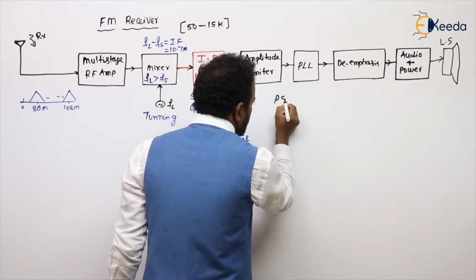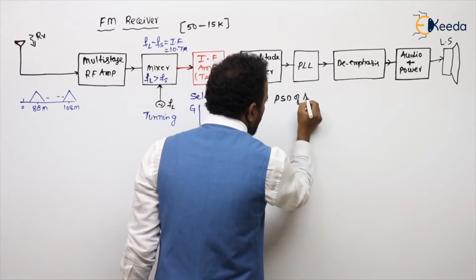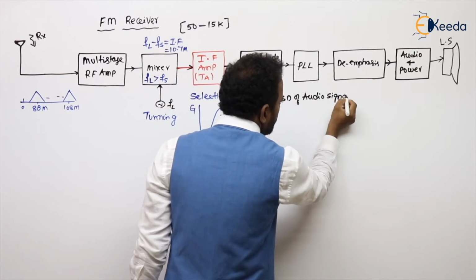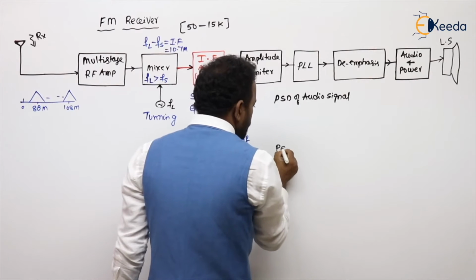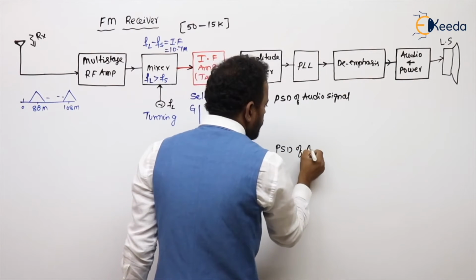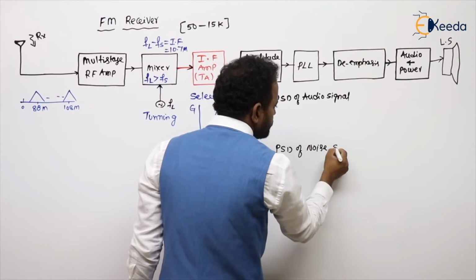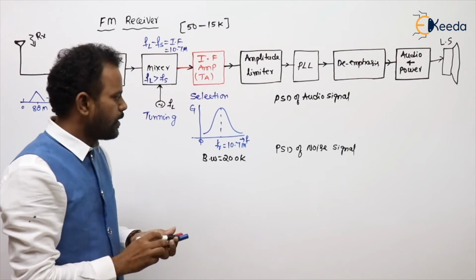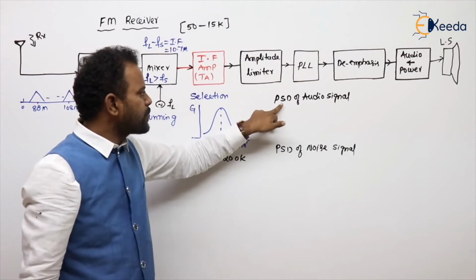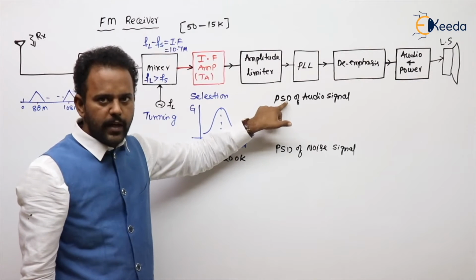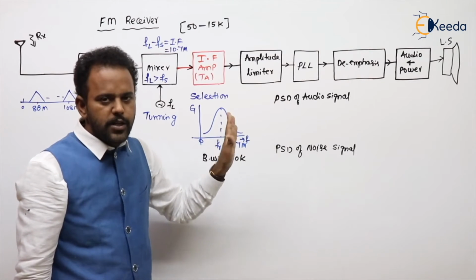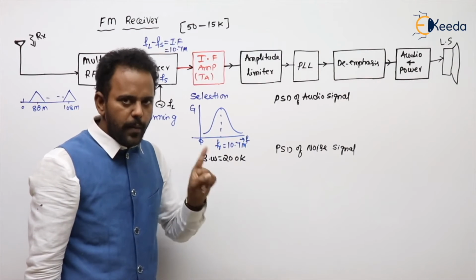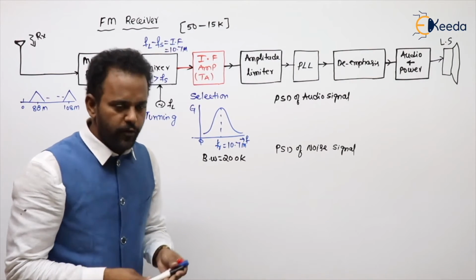the power spectral density, PSD, of the audio signal, as well as the PSD of the noise signal. PSD means power spectral density. Power spectral density means you can think of it as a power versus frequency graph.